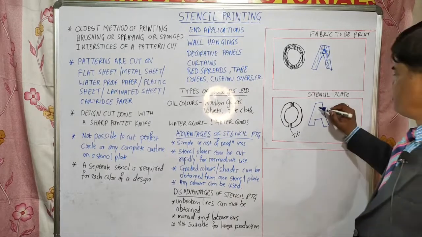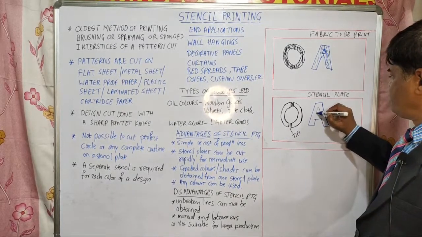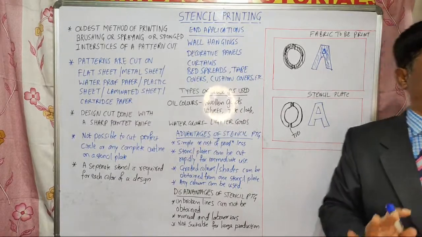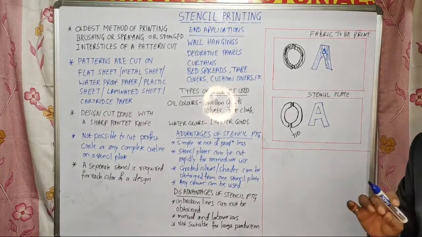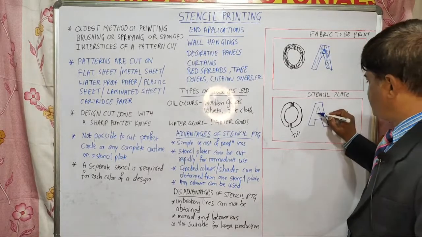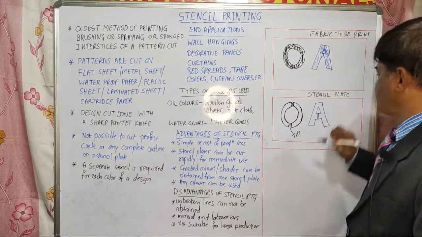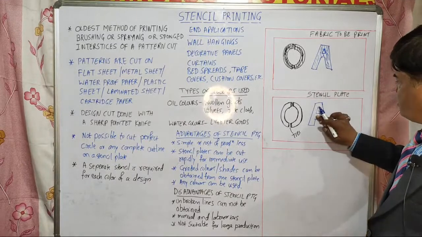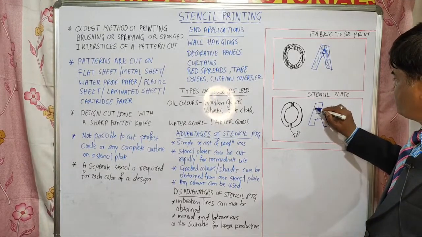So what to do? To keep this triangle, it requires a support. So I have to make one support here. We can make the support here, or you can support here.